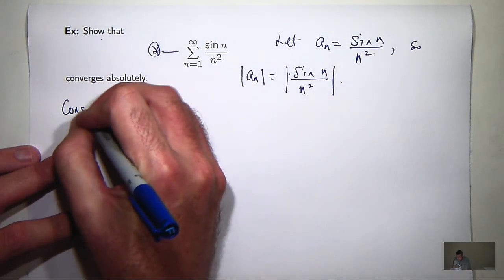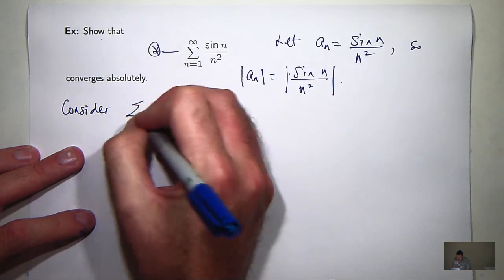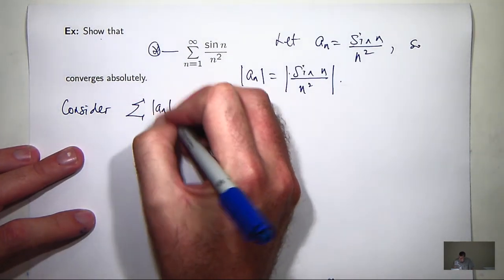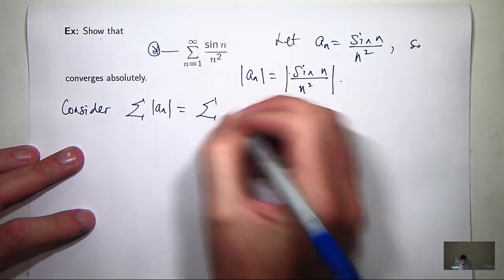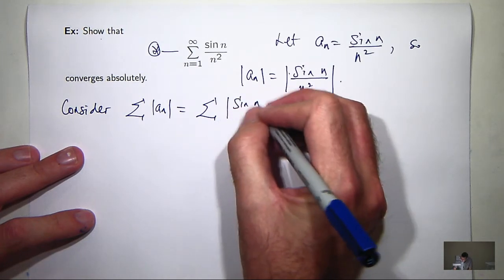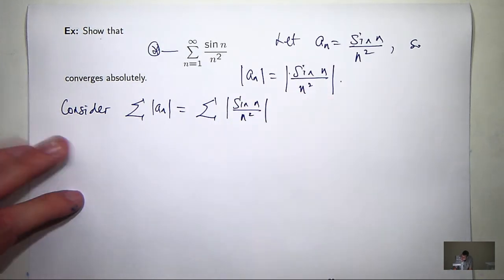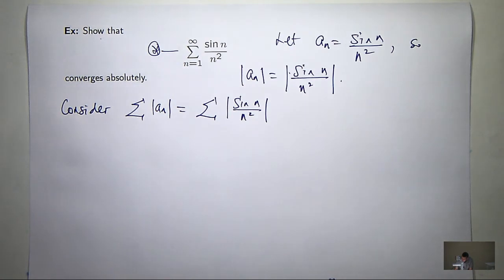So consider this series here with the absolute value signs in it. Does it converge? And if so, why? Any ideas on how you might show that sigma absolute sine n on n squared converges?